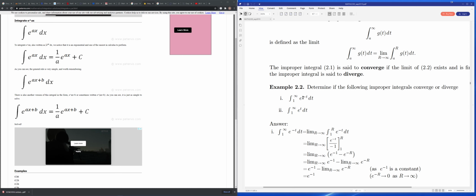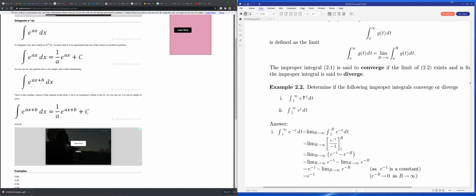Really, the idea of convergence has to do with the coefficient in front of the t. What you want is a relatively small coefficient in front of this t. So -1 is good, but when it's positive, it's not good.